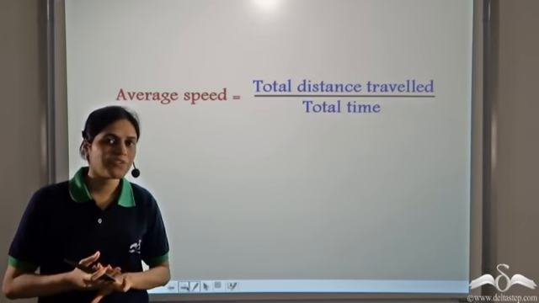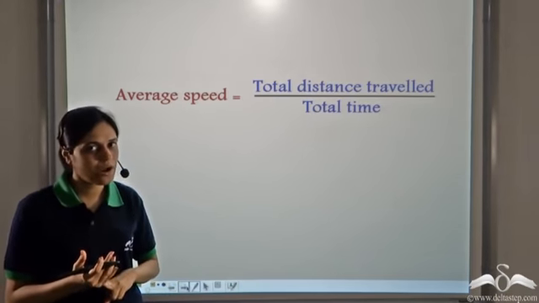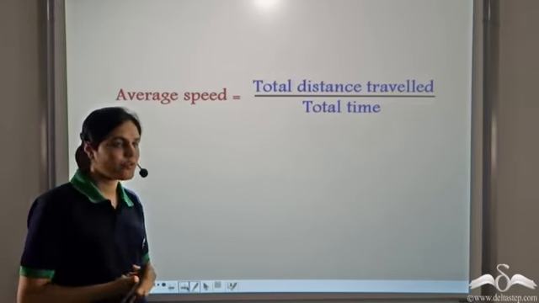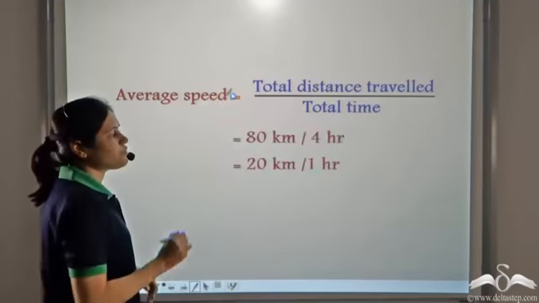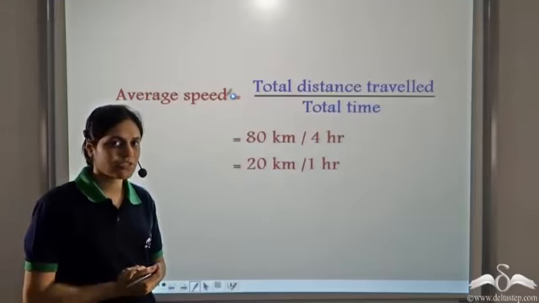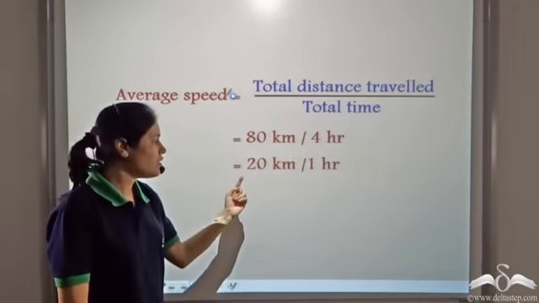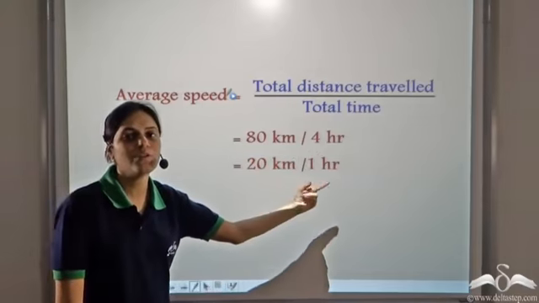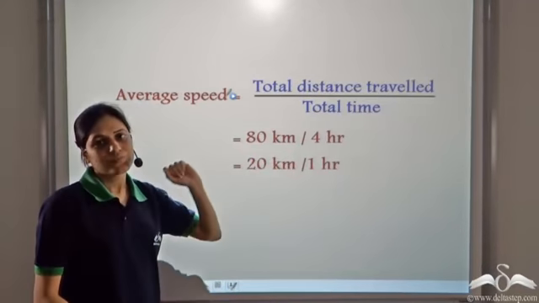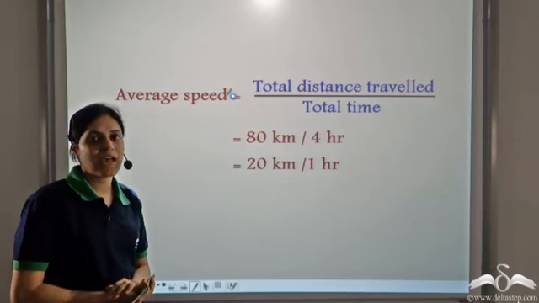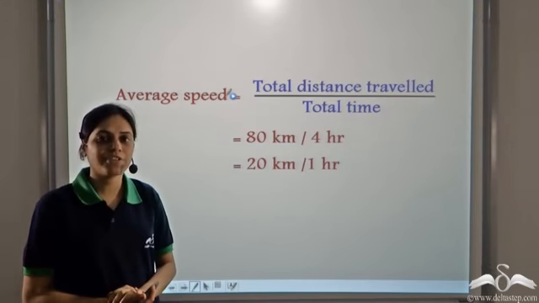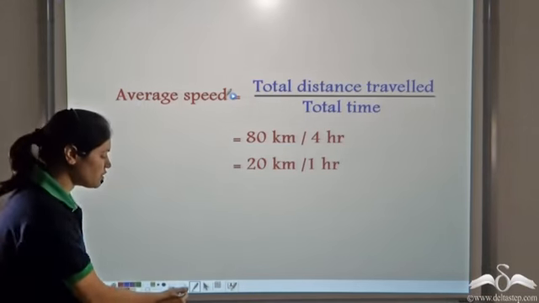Total time taken was 1 hour plus 2 hours plus 1 hour, that is 4 hours. So the average speed of Jerry for the entire journey was 80 kilometers divided by 4 hours, that is 20 kilometers per hour.